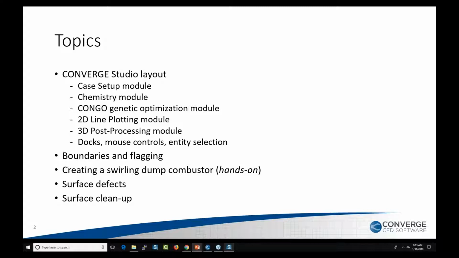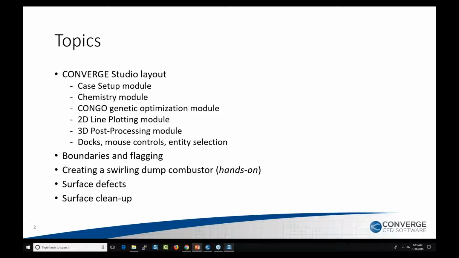Then I will directly jump to creating a swirling dump combustor, and this will give you hands-on experience creating a sample geometry in CONVERGE Studio. A swirling dump combustor is commonly seen in gas turbines, so this was a good example to look at. After that, I will go over surface defects in much more detail.